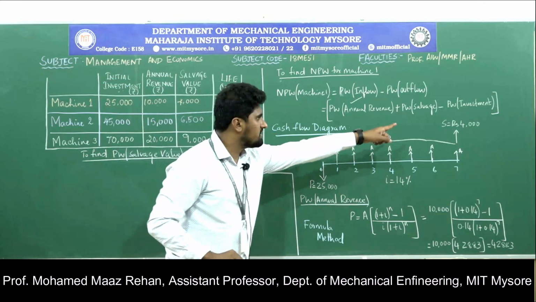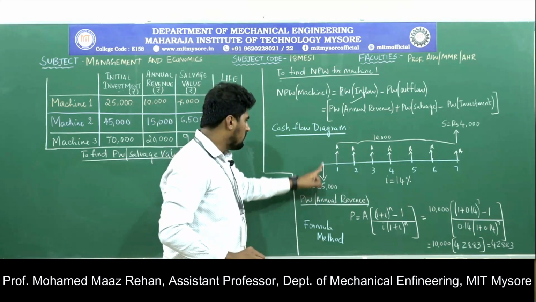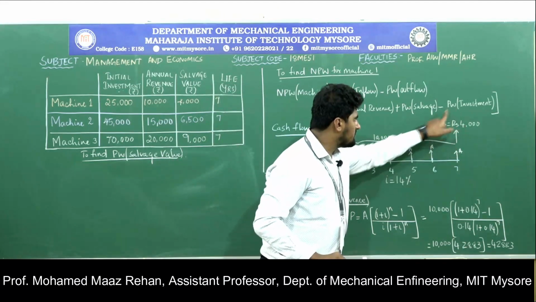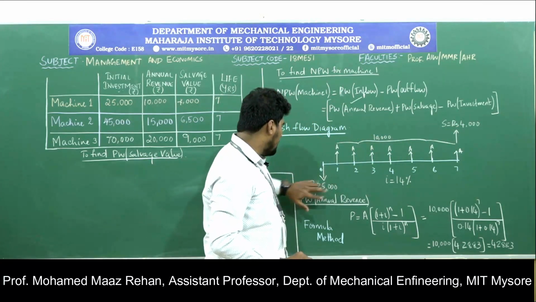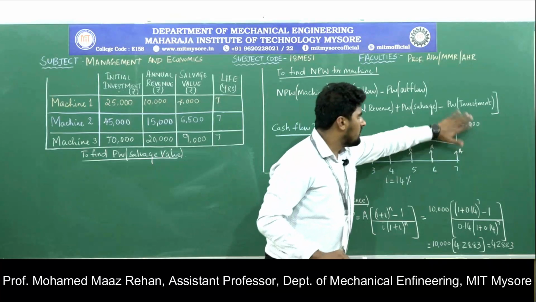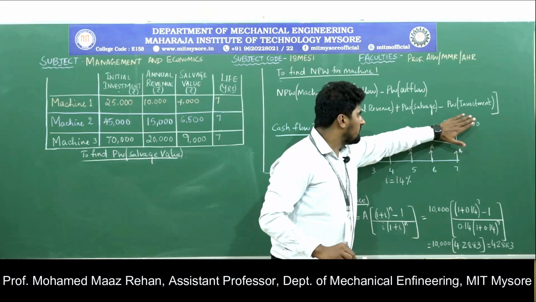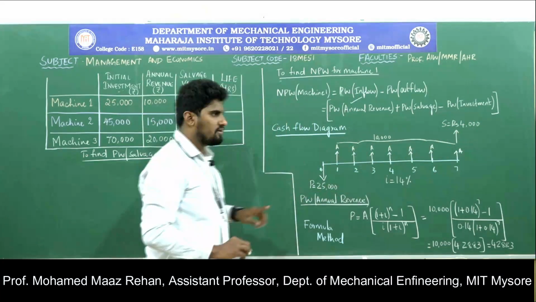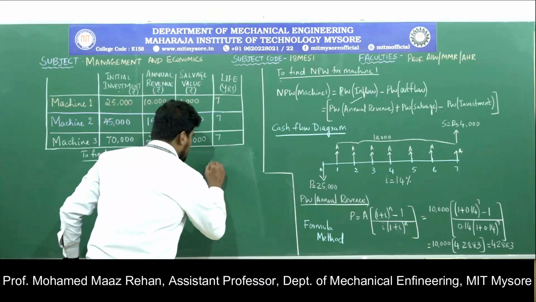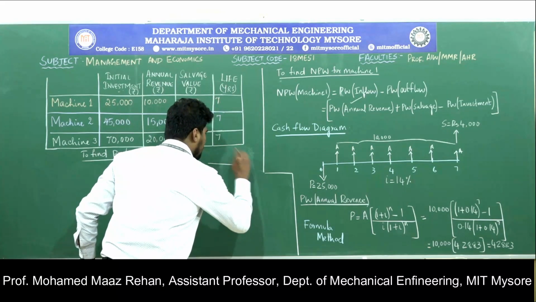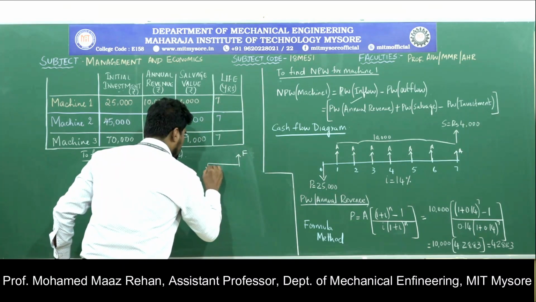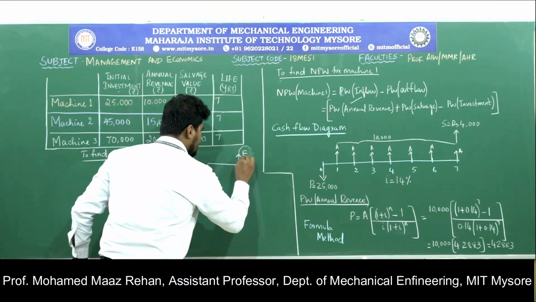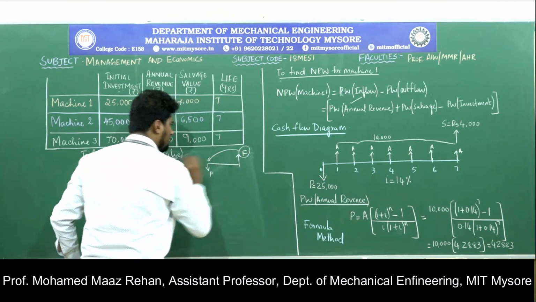You just imagine you don't have this A and you have only this. So what we are doing is converting this salvage to P. Here you have the salvage value, which is nothing but your future value, and you need to convert this F to P.